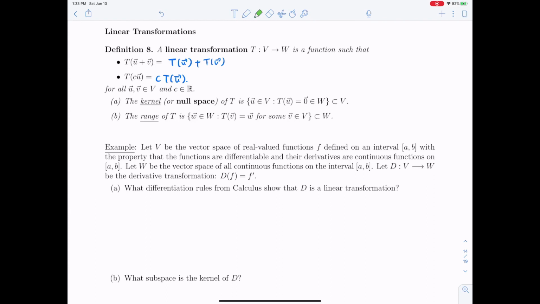The kernel, or the null space of T, is defined by the solution set for the vector equation Tu equals 0. And the range of T is the set of elements that can be sent from the domain of the given transformation. So let's see one cool example about linear transformations.